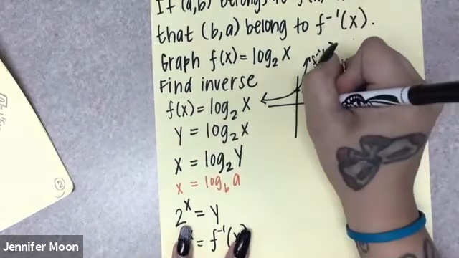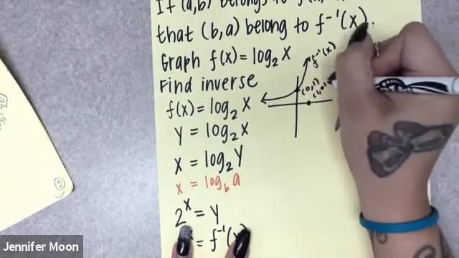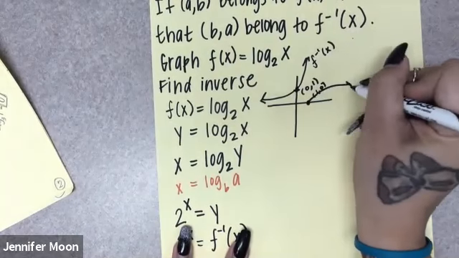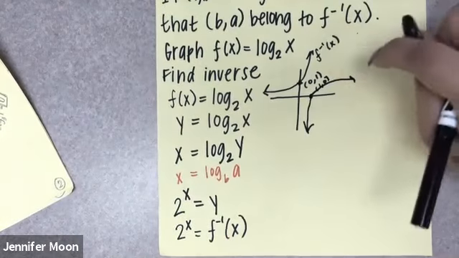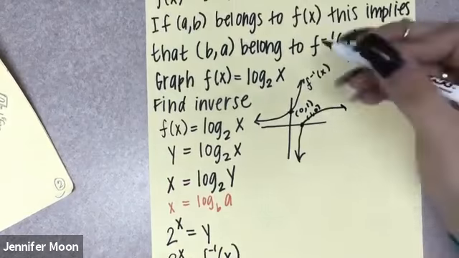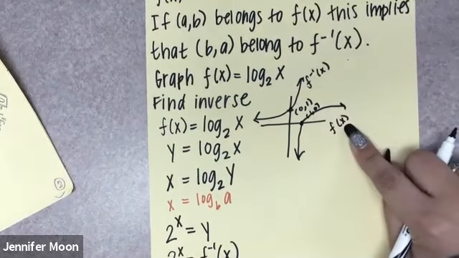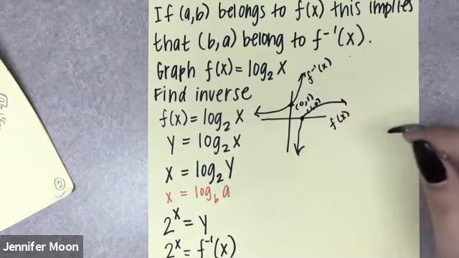So that's going to be right here. This would be 1, 0. Because of what we were given, this one on the bottom is our f of x, which is the logarithmic function being graphed, and then that one's the inverse.